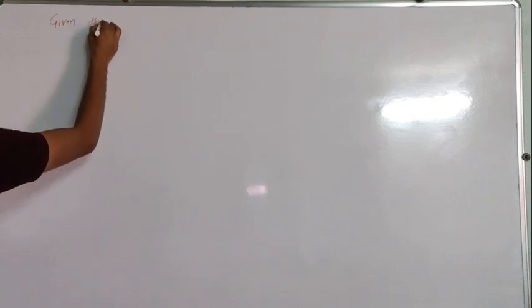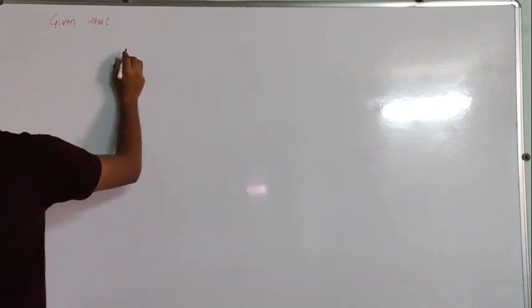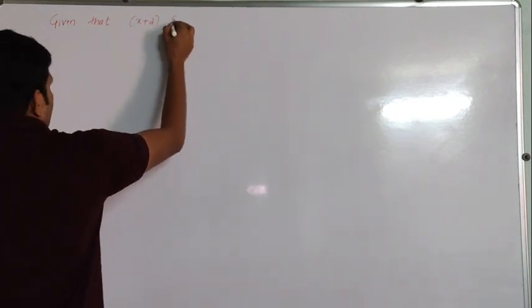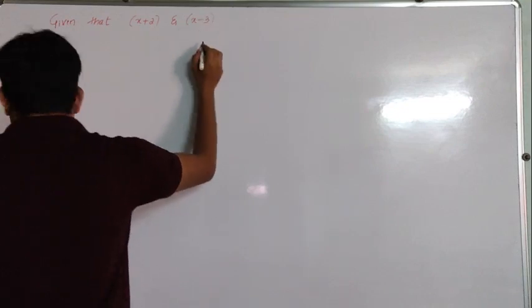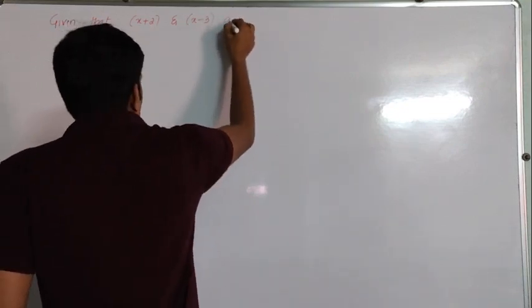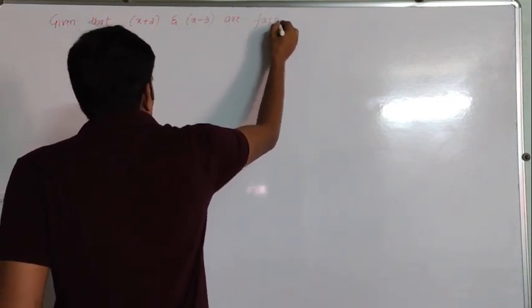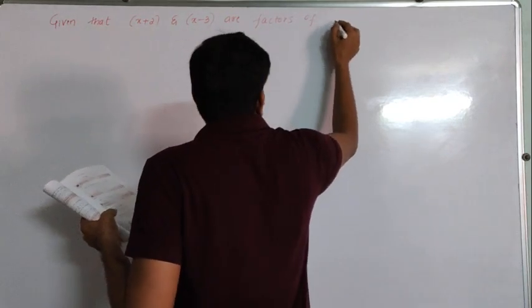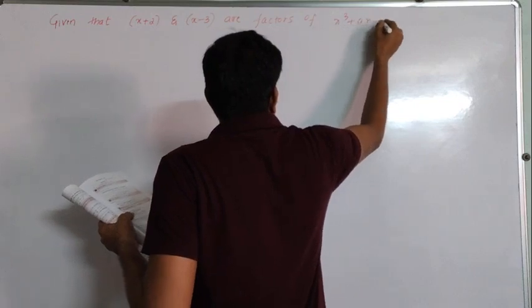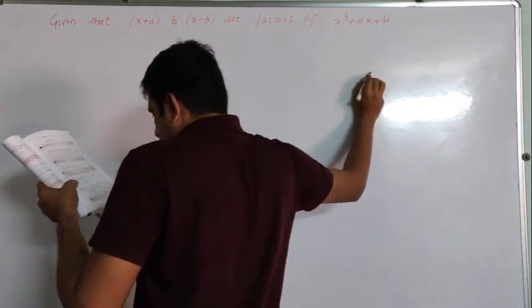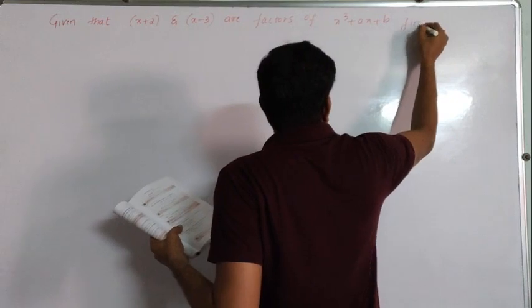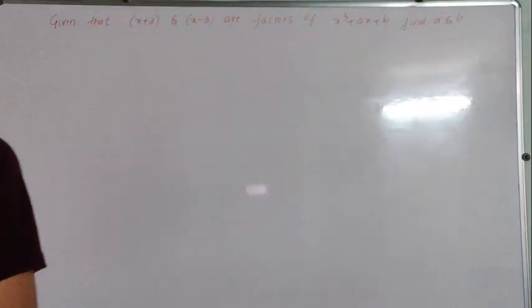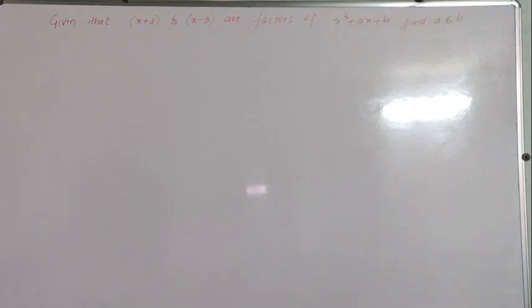Given that x plus 2 and x minus 3 are factors of x cube plus ax plus b, find the values of a and b.